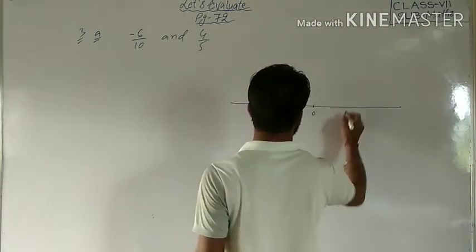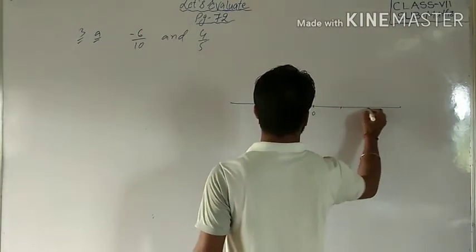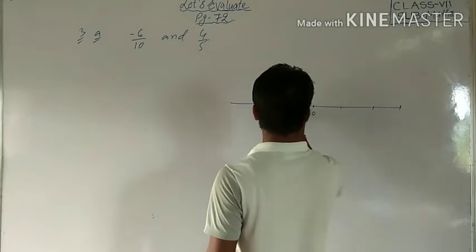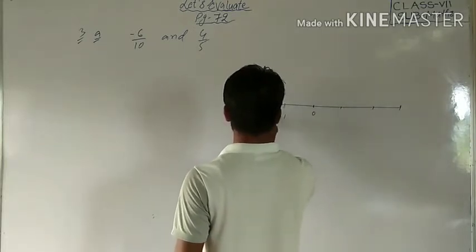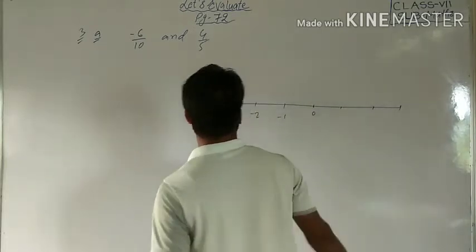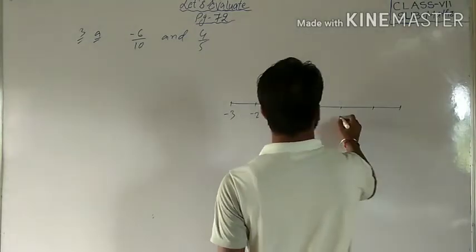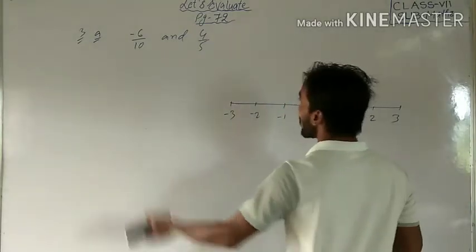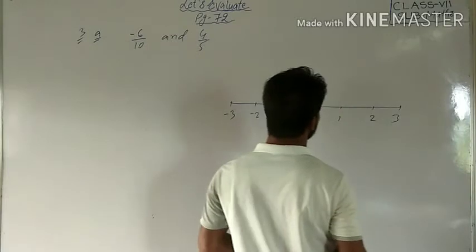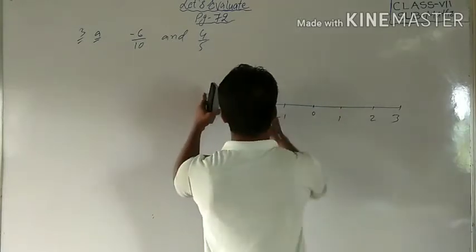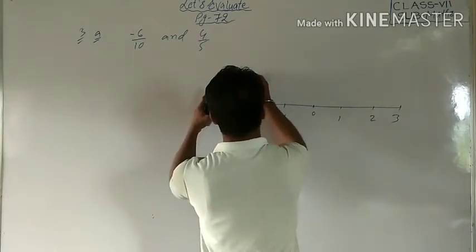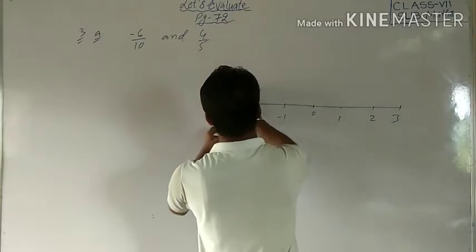Okay students, see: 1, 2, 3 and minus 1, minus 2, minus 3. Now minus 6 by 10 is there. What will we do? Minus 6 by 10 will be here.